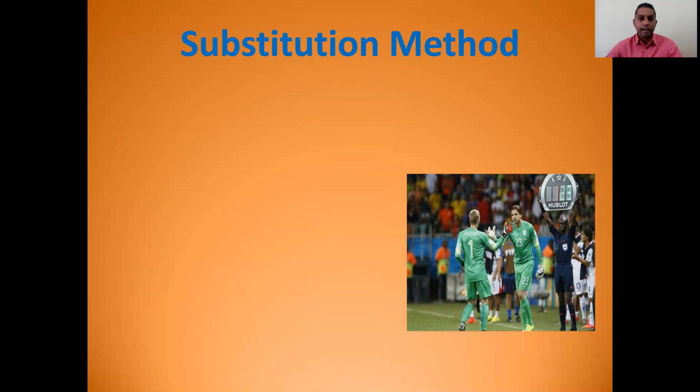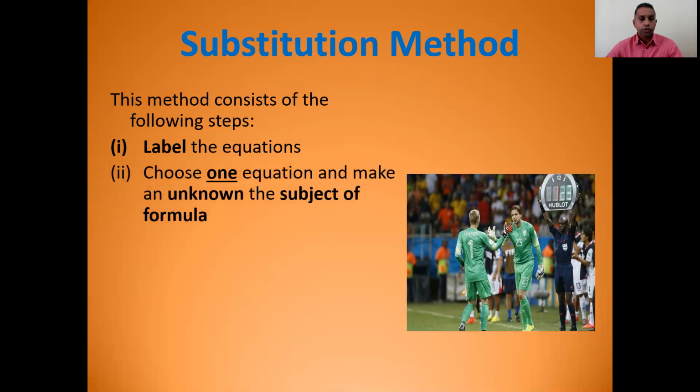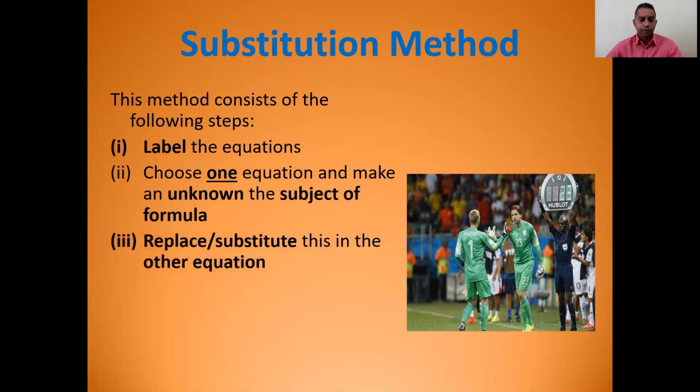However, here are some steps that we will have to go through to use this method. The first step would be to label the equations. The second step would be to choose one equation and to make one unknown subject of formula. Once you have made the unknown subject of formula, you are going to replace it in the other equation.